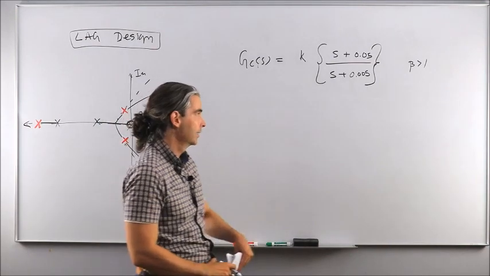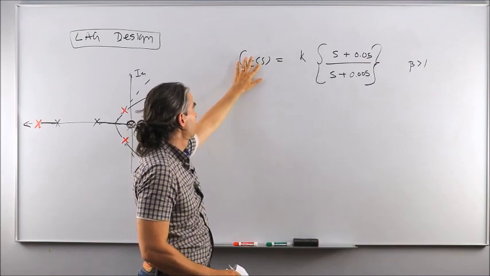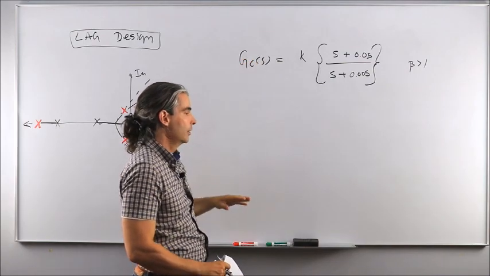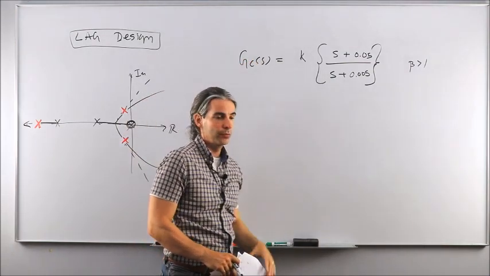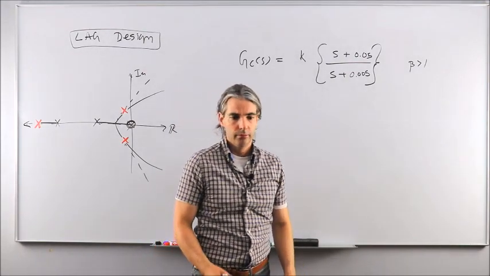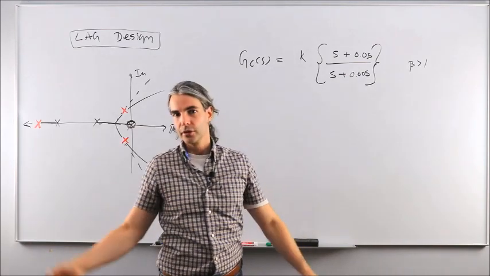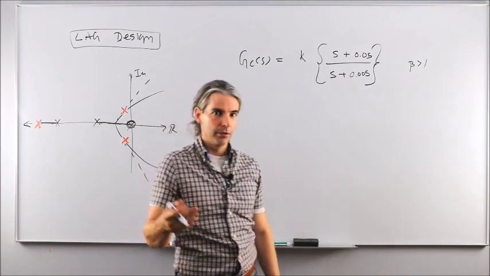Maybe by adding that pole and that 0 of the phase lag compensator, you've changed the overall phase to be, I don't know, minus 180.5 degrees instead of minus 180 degrees.